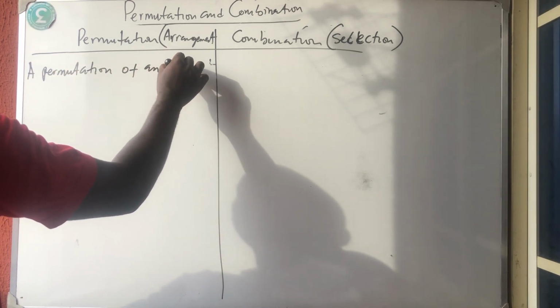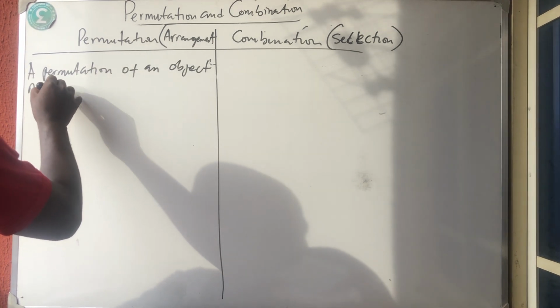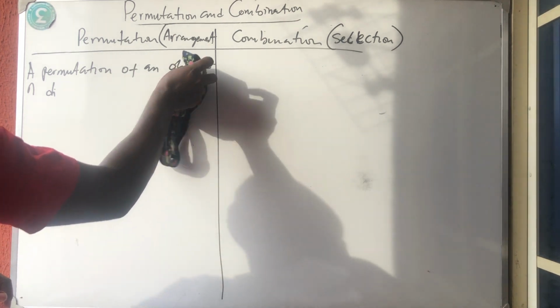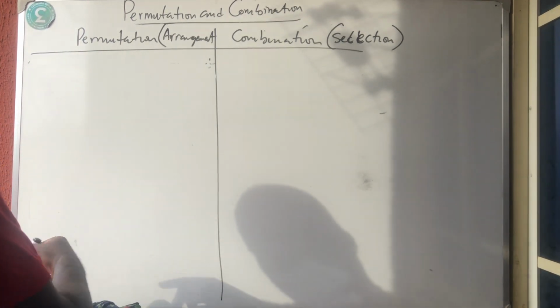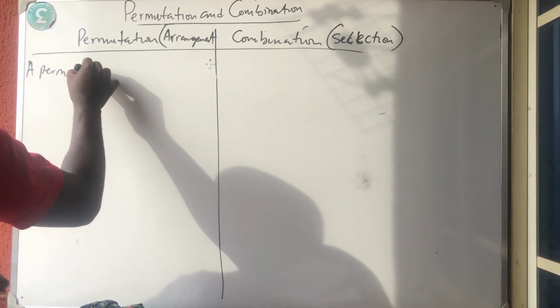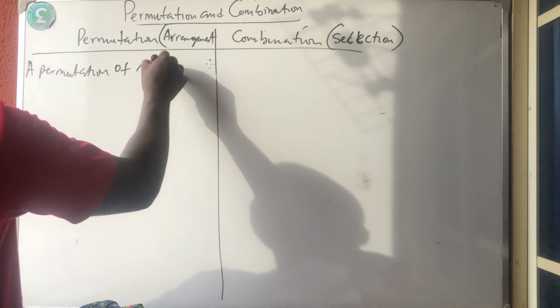Sorry about that, a permutation of n distinct objects.